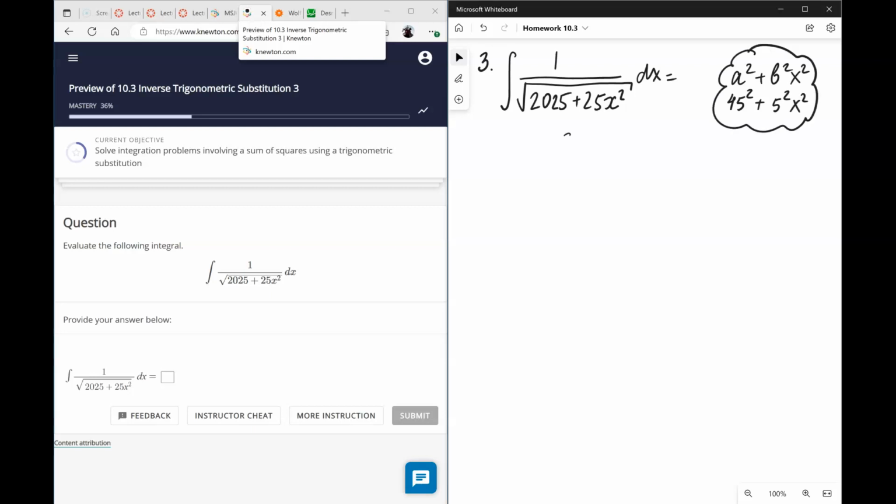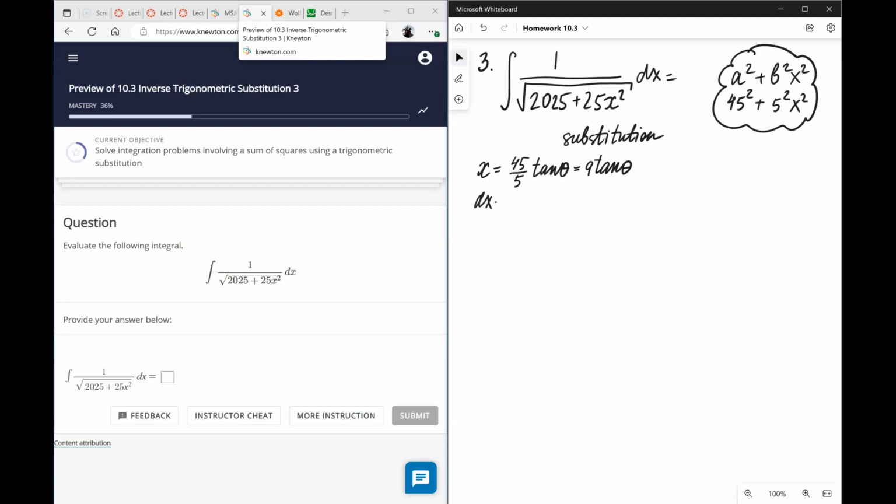That means the substitution is x equals 45 over 5 tangent theta. So it's going to be 9 tangent theta.